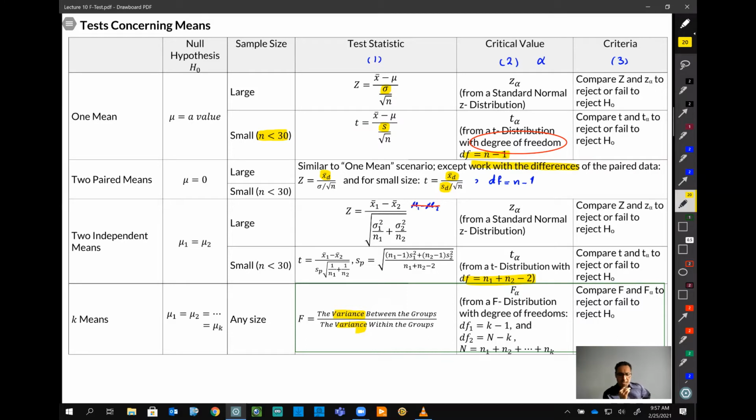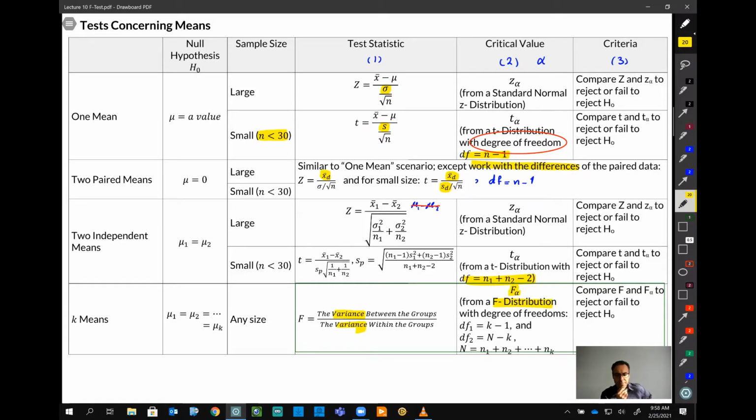Okay? But the procedure is the same. We will find a test statistic, which we call F. Then we will find a critical value similar to Z and T alpha. We have to set an alpha, a confidence level. And then we calculate F alpha. Instead of a Z distribution and a T distribution, we are going to use a different distribution, which is called the F distribution.